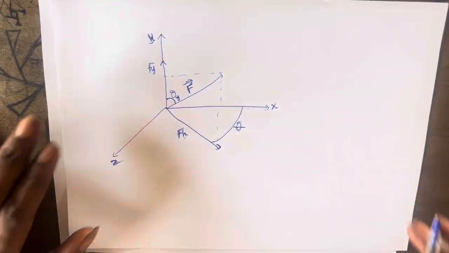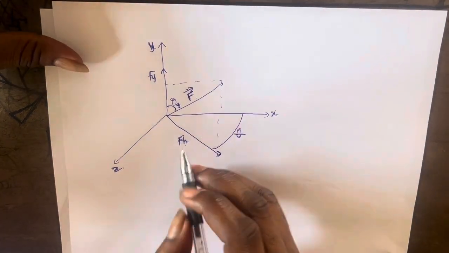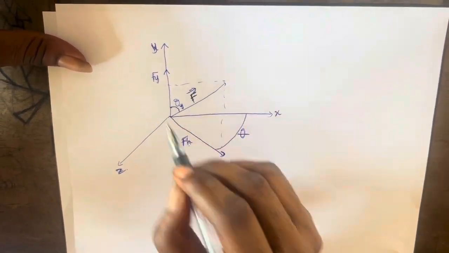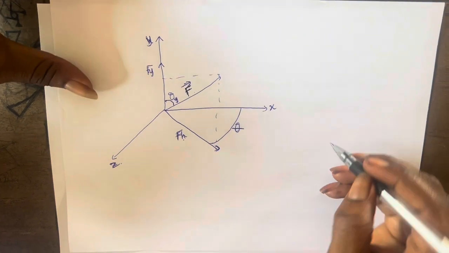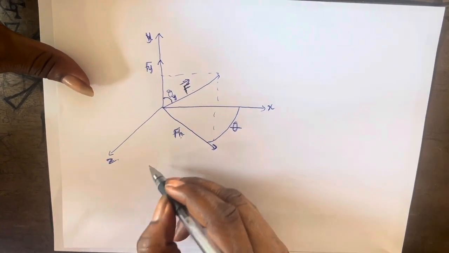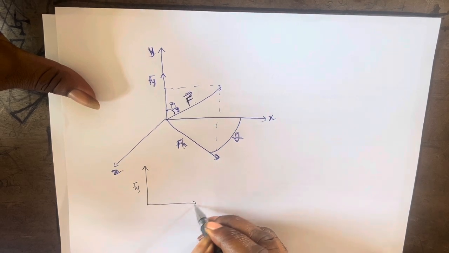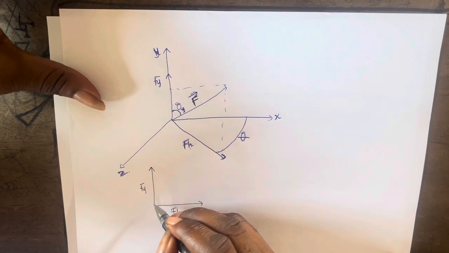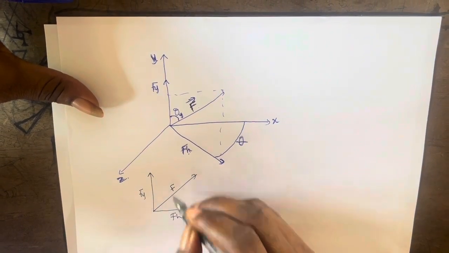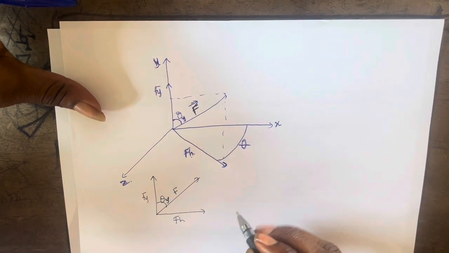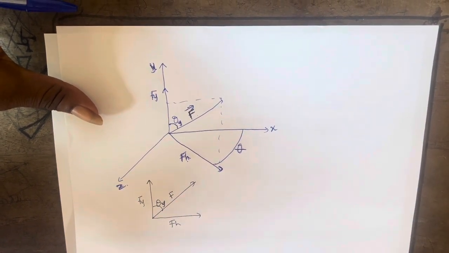We want to resolve this force into the vertical and horizontal components. So bringing this diagram down again, we have our Fy, this is our Fh, and this is our resultant force F, and this is the angle theta y. So in doing this, what is our theta y?